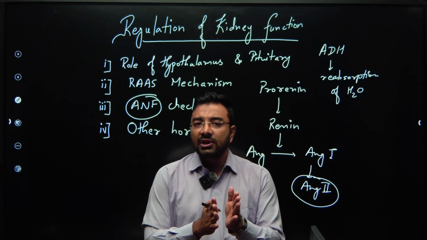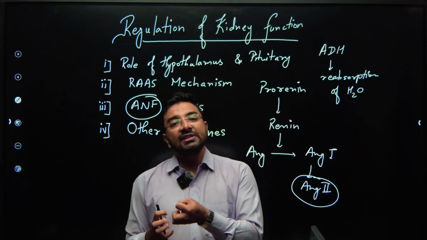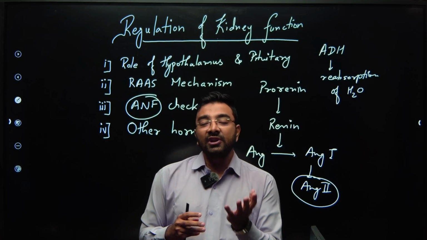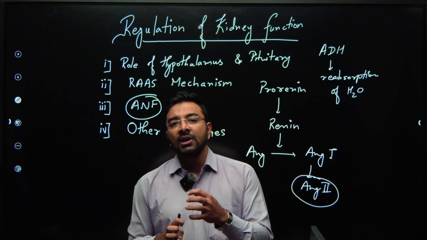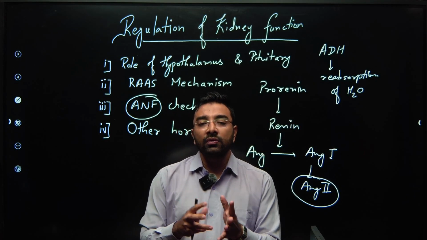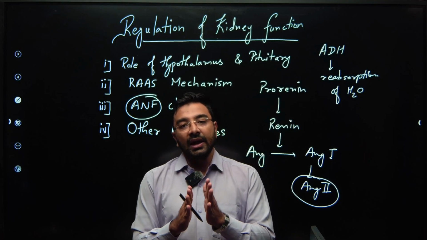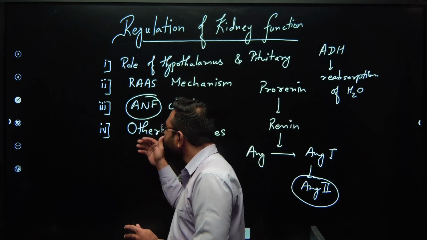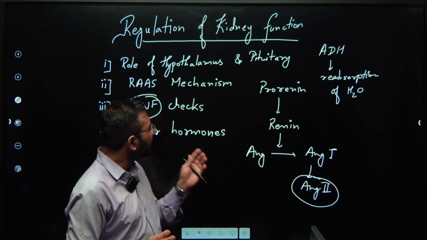Other hormones like parathyroid hormone activate the DCT and PCT to reabsorb more of the calcium ion and phosphate ion, thereby increasing the blood calcium level and overall restoring the ionic concentration. And that's how the kidneys are regulated by the complex mechanisms involving the hypothalamus, kidneys, and the heart also.